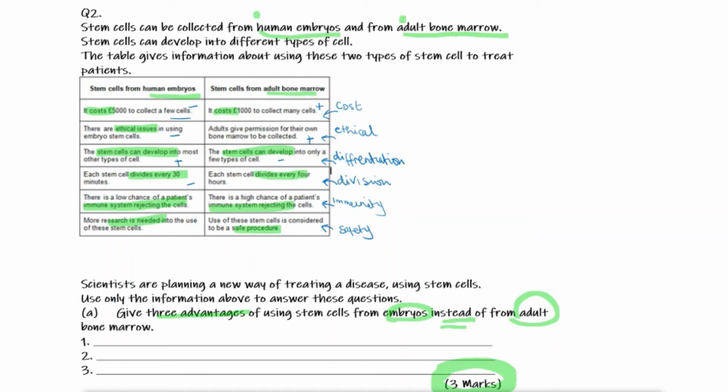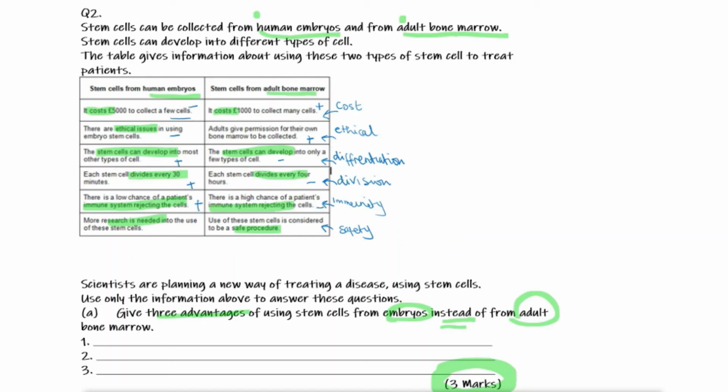This means this is a positive point for the human embryo and a negative point for the adult bone marrow. There is a low chance of the patient's immune system rejecting the cells, and for the adult bone marrow, there is a high chance of a patient's immune system rejecting the cells. So this makes a positive point for the human embryo and a negative point for the adult bone marrow.